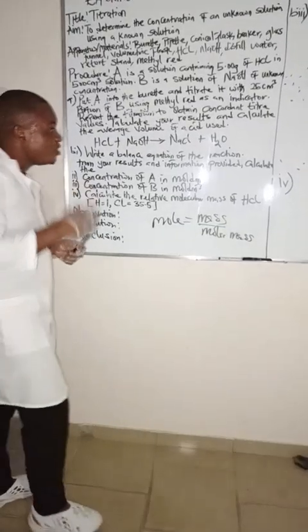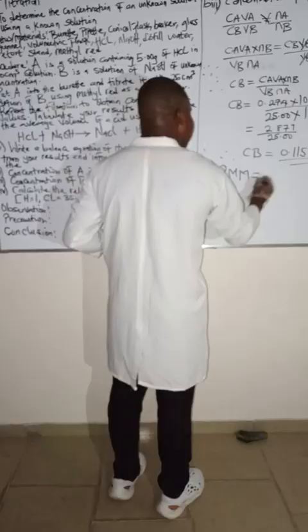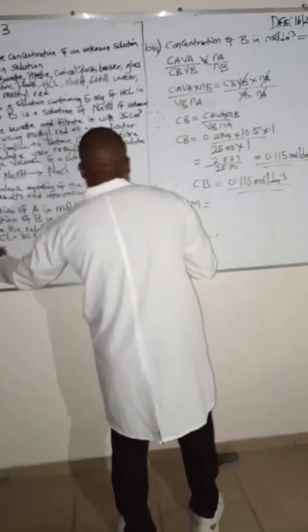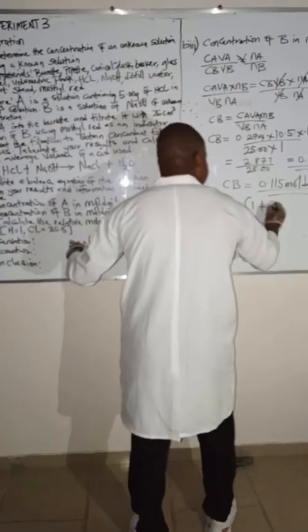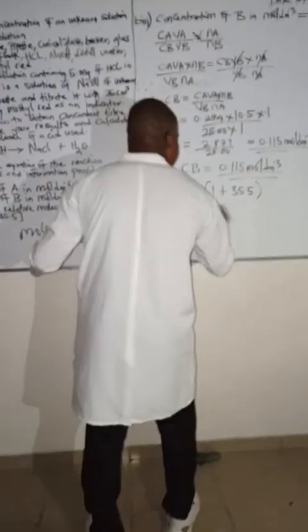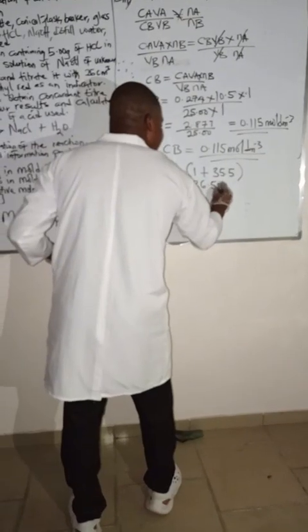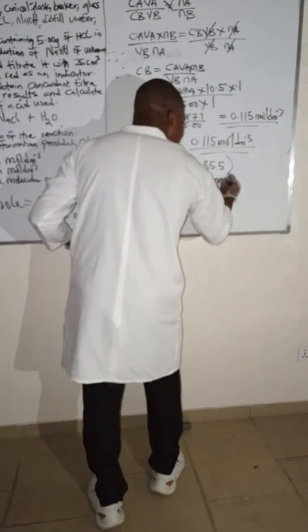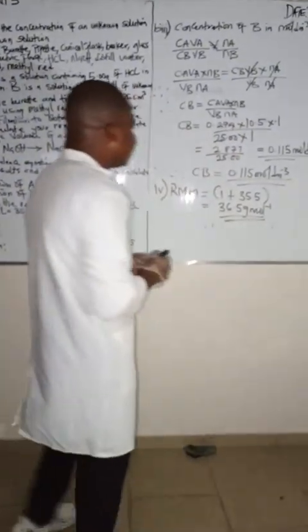The relative molecular mass, RMM, is equal to hydrogen which is 1, plus 35.5, which is equal to 36.5 gram per mole. So this is our final answer.